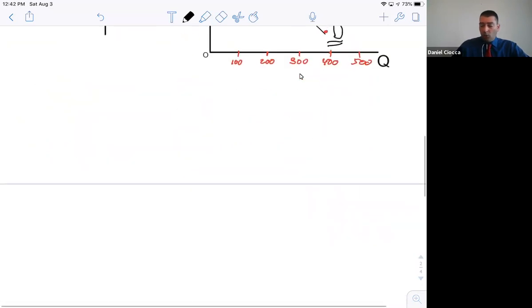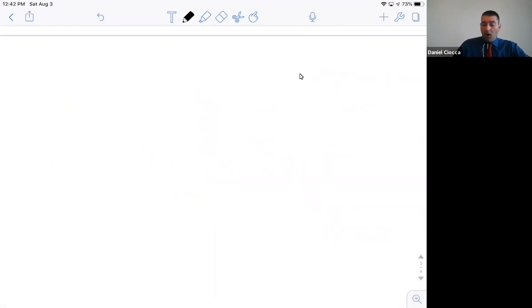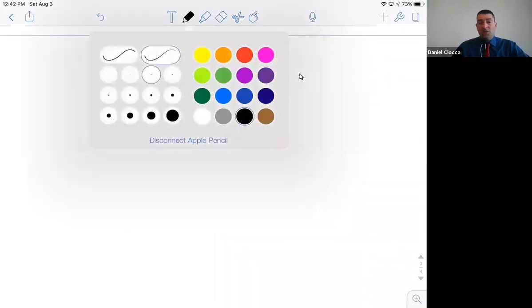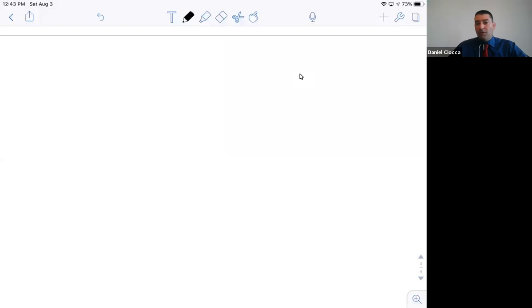So from now on, whenever we draw a demand curve, we're going to draw it relatively simply. Here's how we're going to draw it, very abstractly. We're going to make our vertical axis price, and I'm going to label it with the P, no more, no less. And I'm going to draw my horizontal axis, and I'm going to label it with the Q for quantity.